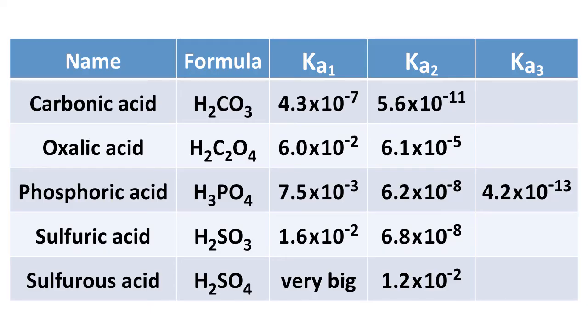Well, when we deal with monoprotic acids, they have a K sub A, or acid dissociation constant value. When we deal with polyprotic acids, they're going to have more than one K sub A value. So they have a K sub A1, a K sub A2, possibly even a K sub A3. So carbonic acid, oxalic acid, sulfuric, and sulfurous are diprotic acids.